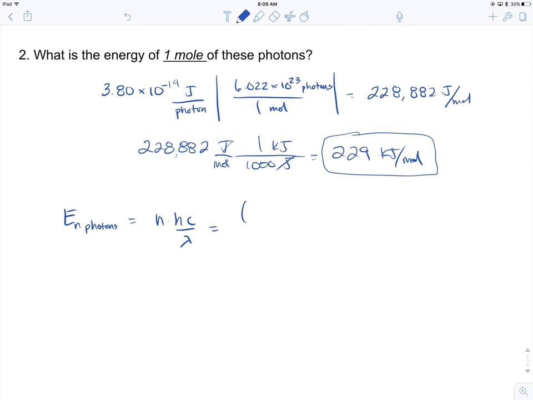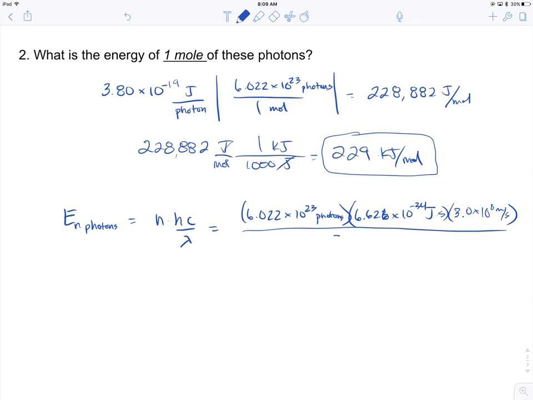And n here would be 1 mole of photons. 6.02 times 10 to the 23rd photons times Planck's constant, 6.626 times 10 to the negative 34th joules seconds times the speed of light, meters per second, all over the wavelength, 523 times 10 to the minus 9th meters. Cancel our units. We are left with joules.